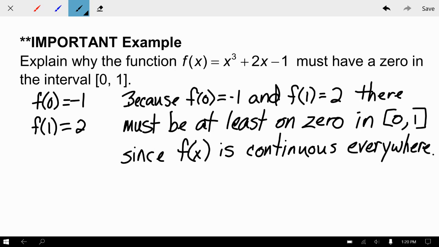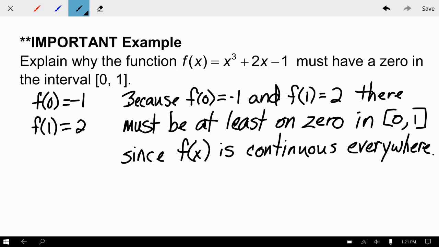Okay, so what I've done is basically stated what the intermediate value theorem says. These are the key things I'm going to look for if I ask you to write a statement like this. At some point down the road, you're going to have a question like this on your test, and you're going to have to submit a written response and justify the intermediate value theorem.